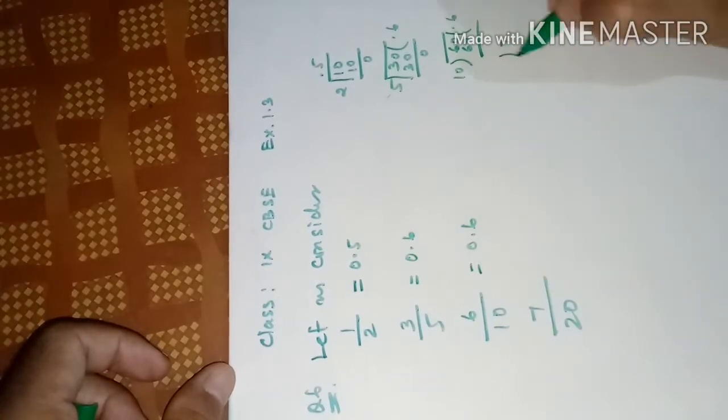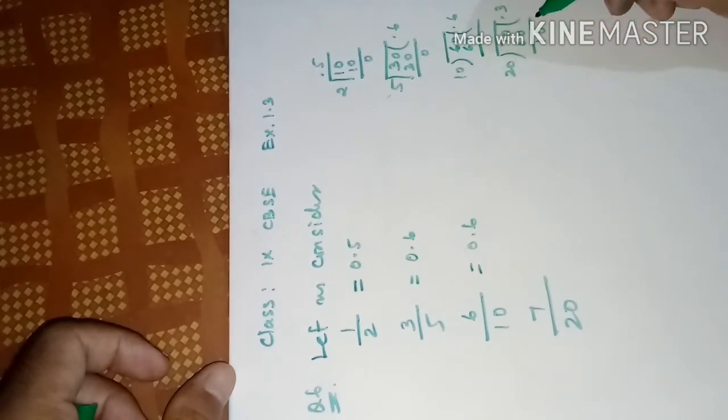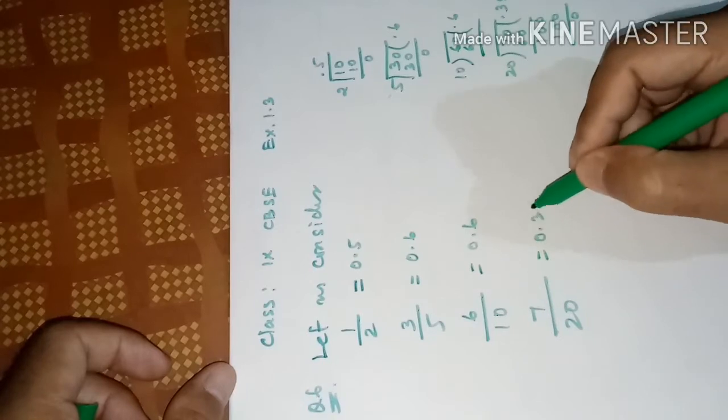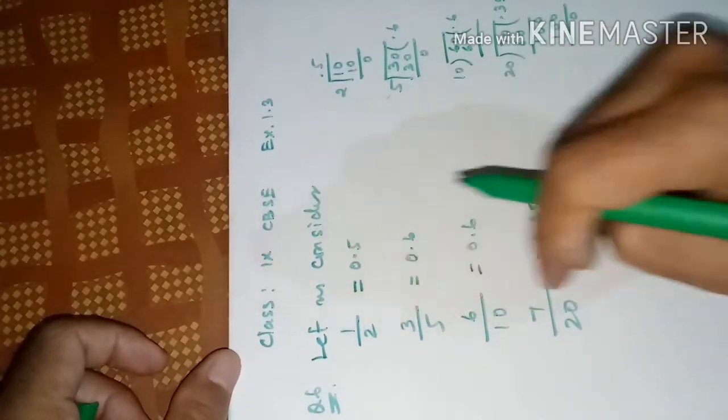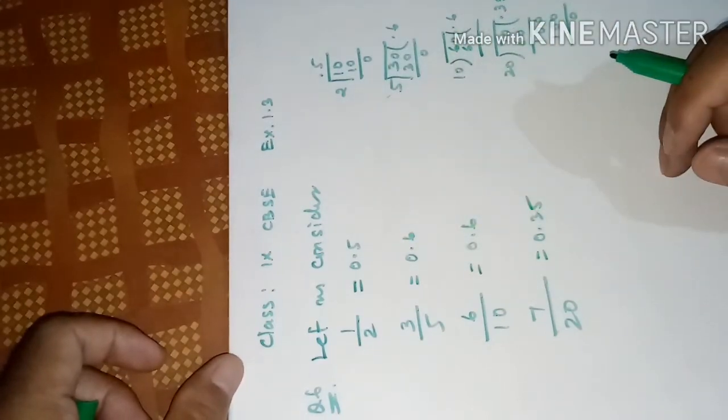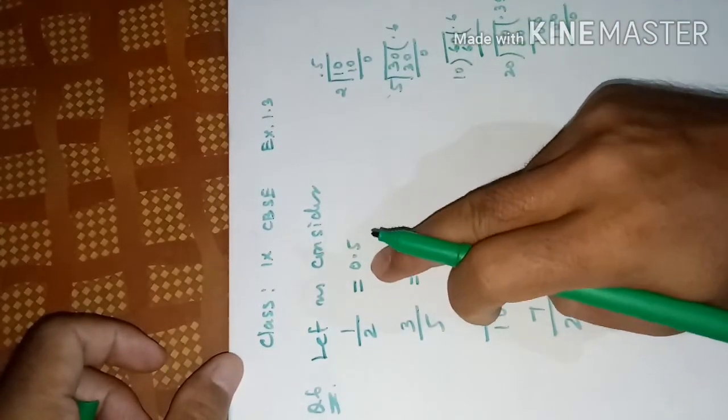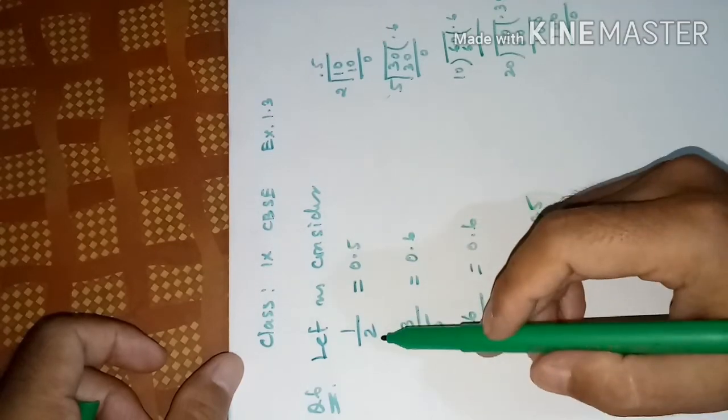Then 7 by 20: 0.0, 20 threes are 60, remainder 10. Already we put the point, one more 0 will come. 20 fives are 100, so remainder 0. The answer is 0.35. So in every example we got terminating decimals.